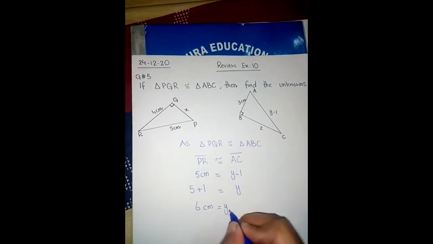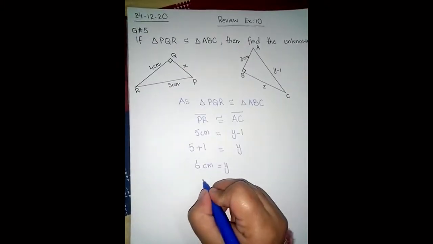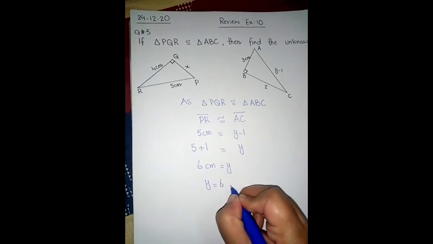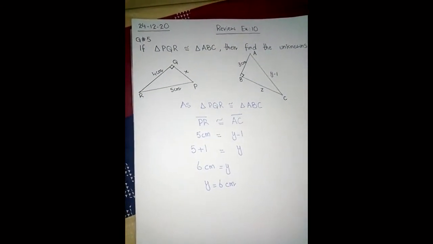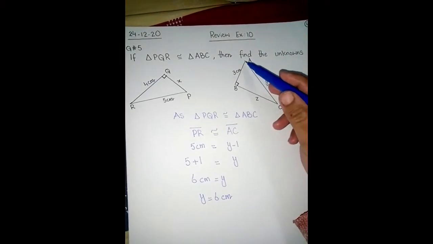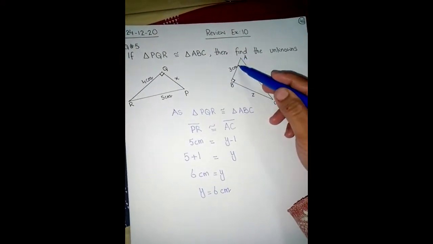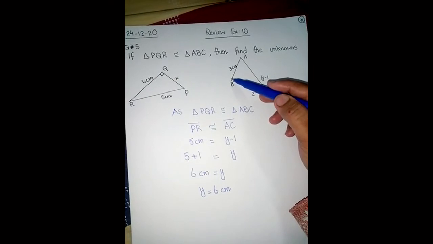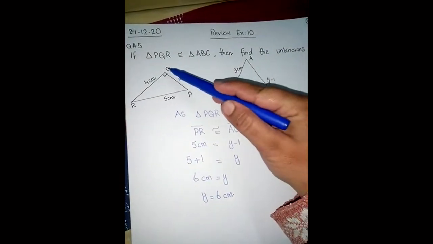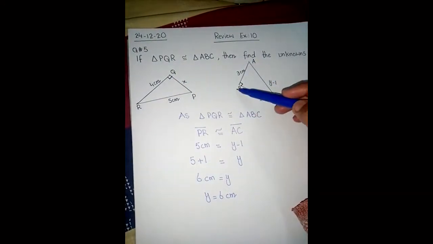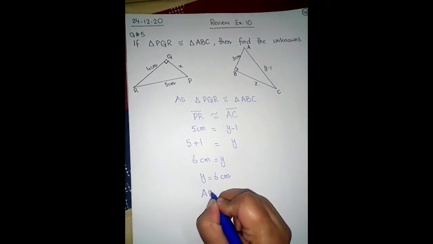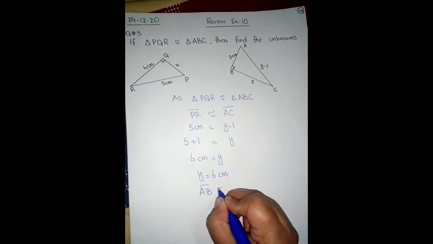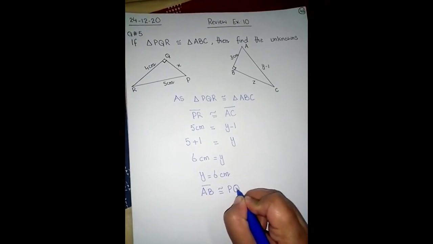The value of y is 6 centimeter. Clear? Now the second thing, this is the base AB. AB is congruent to, base is congruent to base. Here is the base. So AB is congruent to PQ.